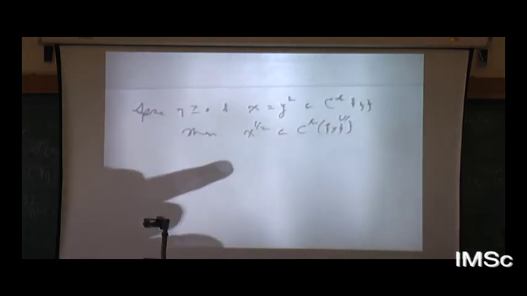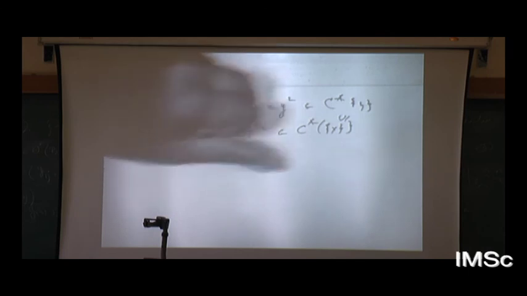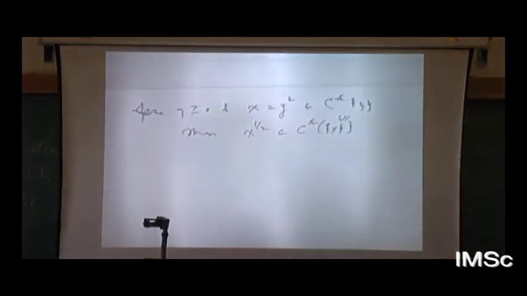That means X to the half and Y are both in the C star algebra of Y, and they have square equal to X. But the C star algebra of Y looks like a space of continuous functions on some compact set.